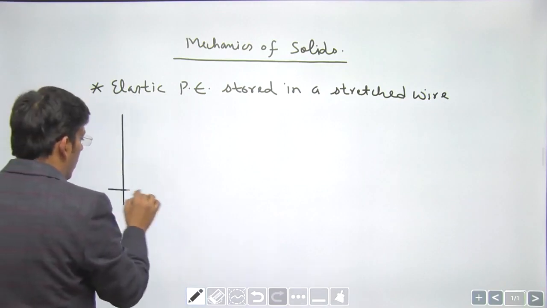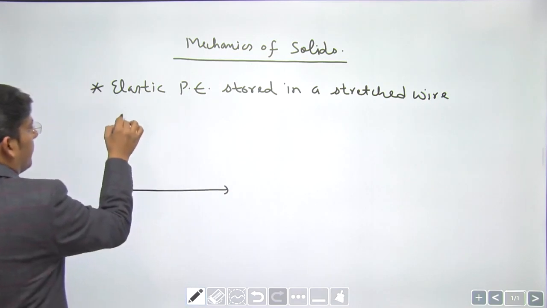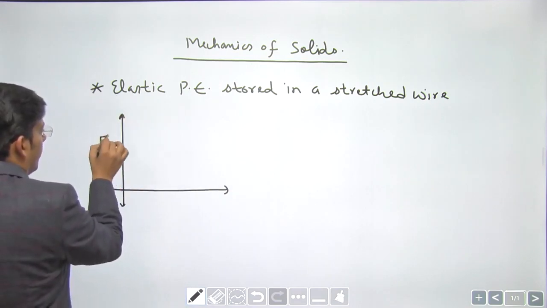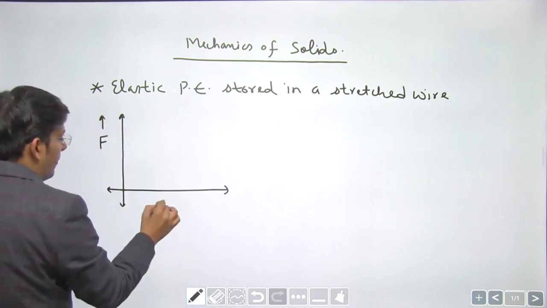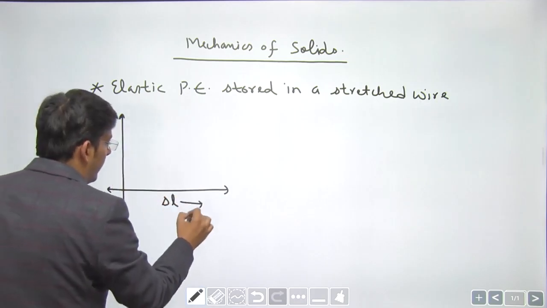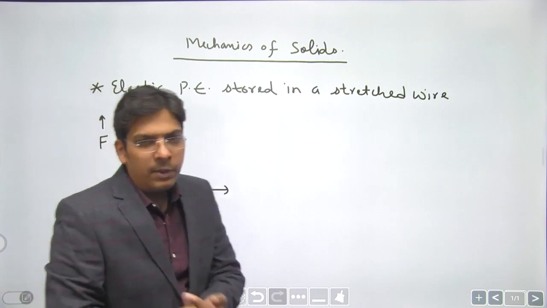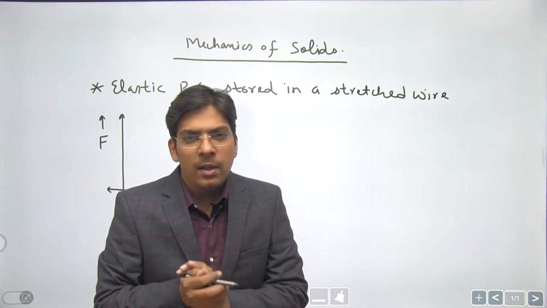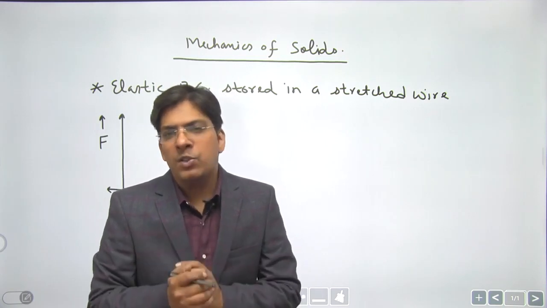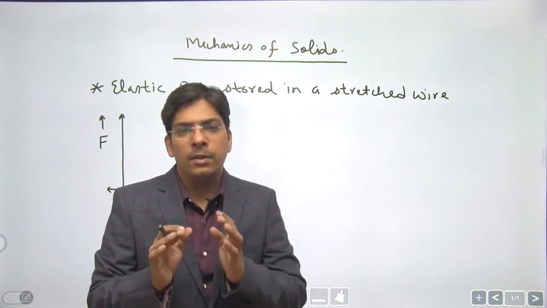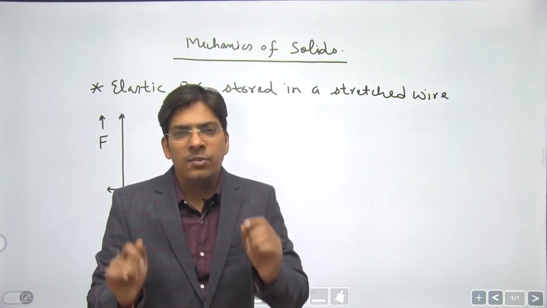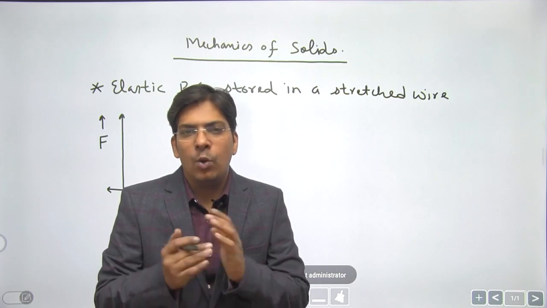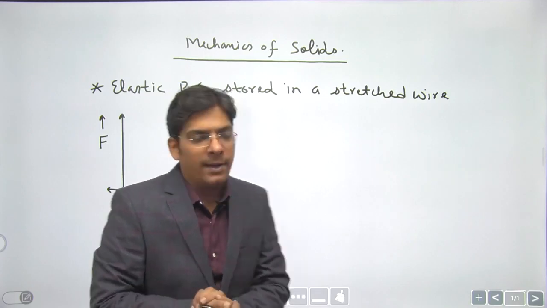So when we draw a graph within Hooke's law, within proportional limit, we have applied the load in the wire till the point that if the load is removed, then the wire will regain its original length. That is called proportional limit. Proportional limit is the limit up to which stress is directly proportional to strain, or extension is directly proportional to load applied, right?